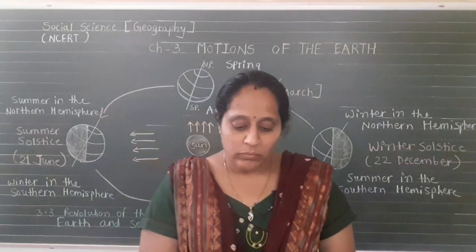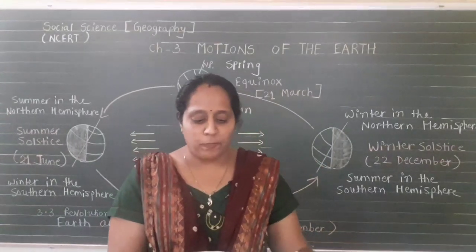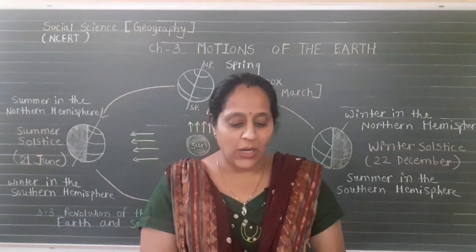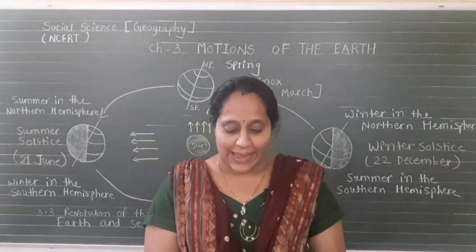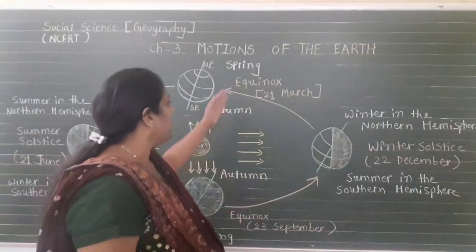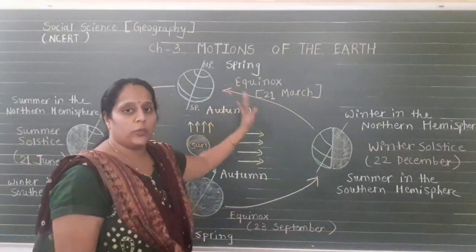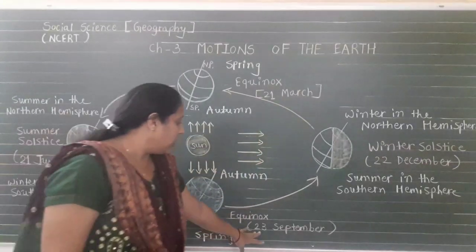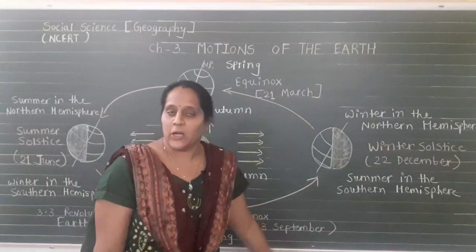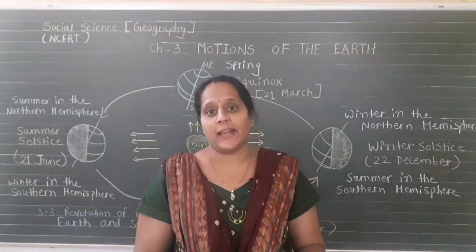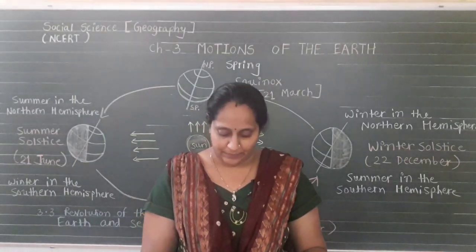So at this position neither of the poles is tilted towards the sun, so the whole earth experiences equal day and night. This is called an equinox. We call it equinox on 21st of March and equinox on 23rd of September, because they get equal day and night due to the direct sun heat on the equator.